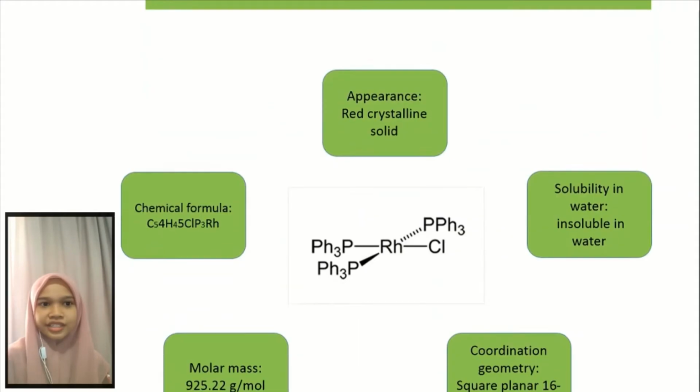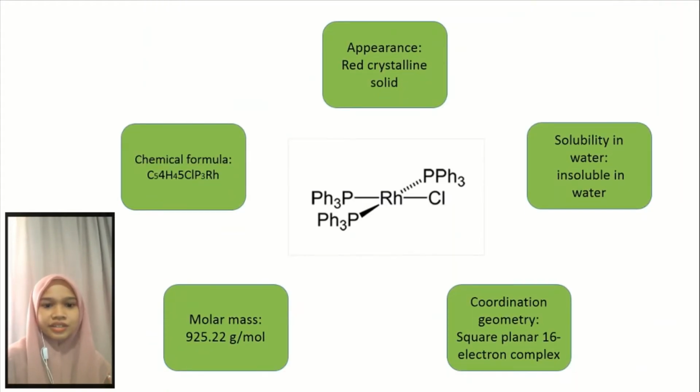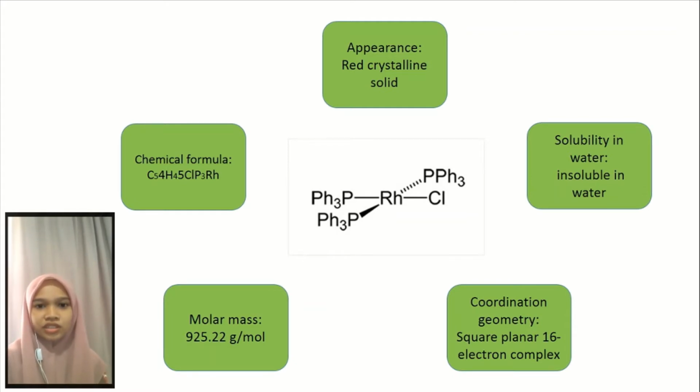The next slide is the characteristics of Wilkinson catalyst. As you can see in the slide, that is the structure of Wilkinson catalyst. The appearance is a red crystalline solid, and it is not soluble in water.